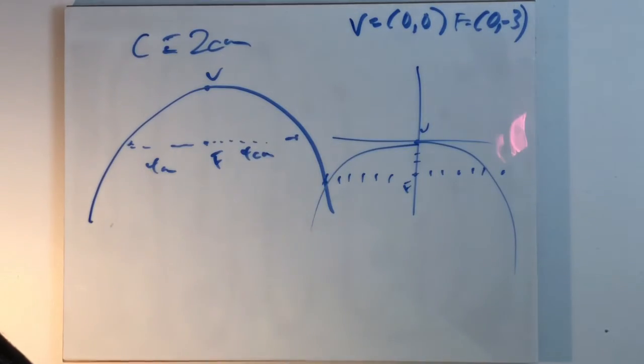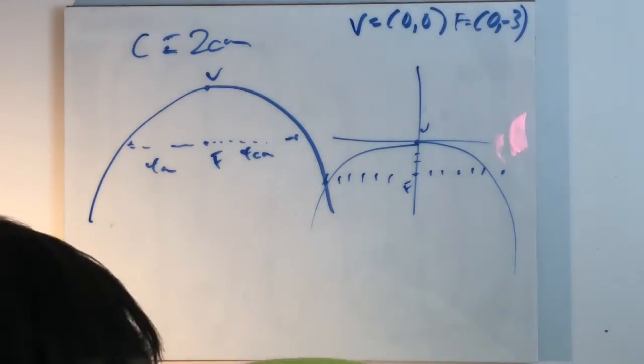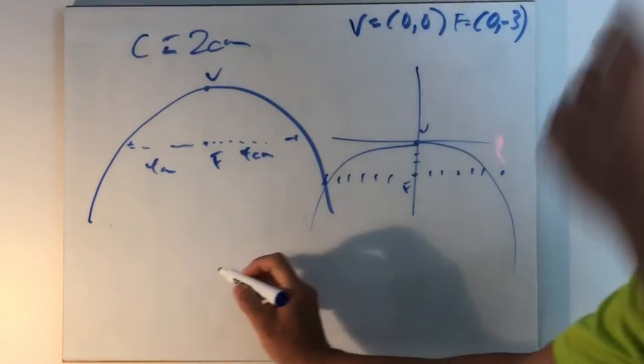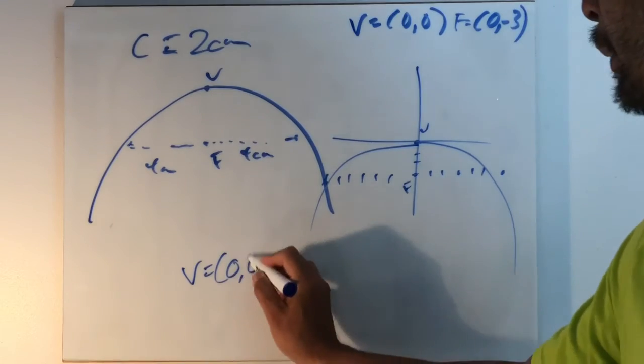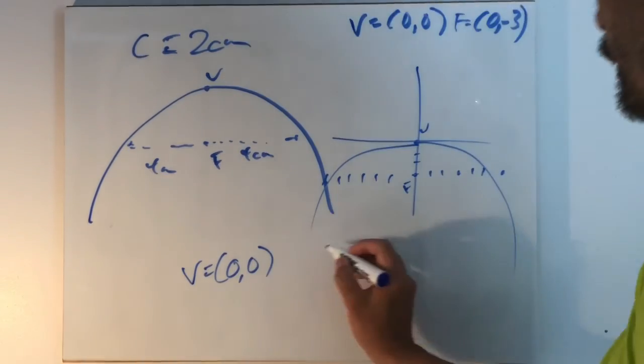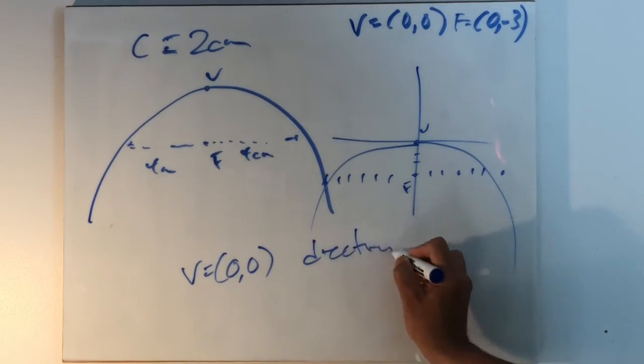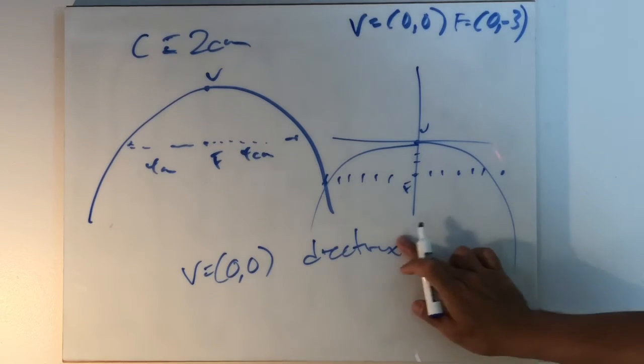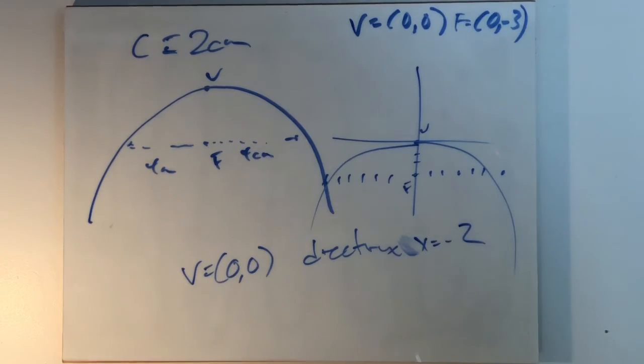And then last example. If the vertex is at 0, 0 again, and the directrix is x equals negative 2.